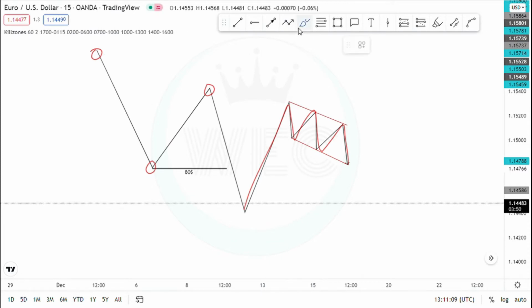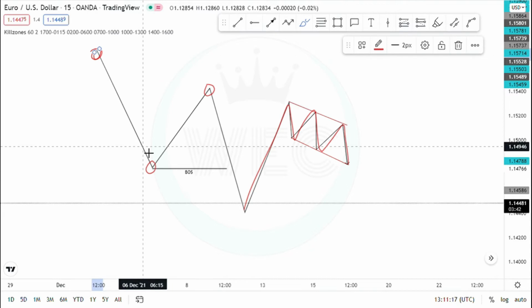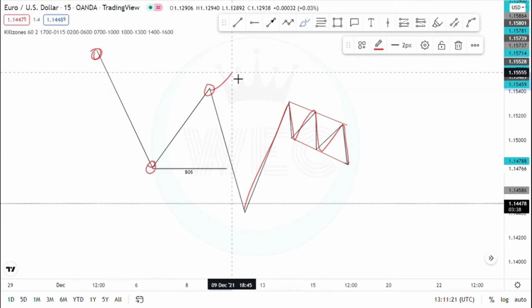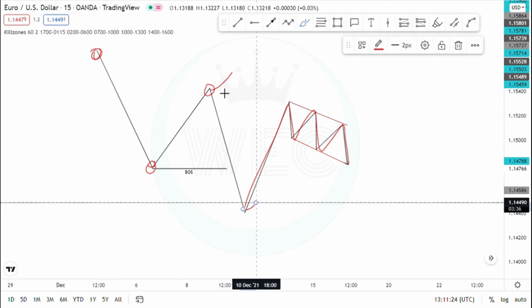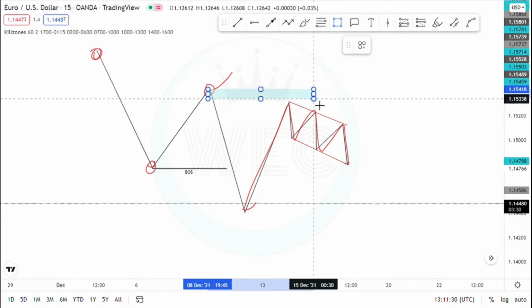Okay, so if you have watched my first video on the liquidity series, you see the price is making what? A high over here, a low, and then a lower high and a lower low. So what I said is that this level over here is a protected what? Liquidity.